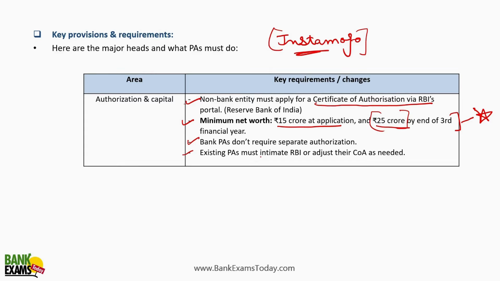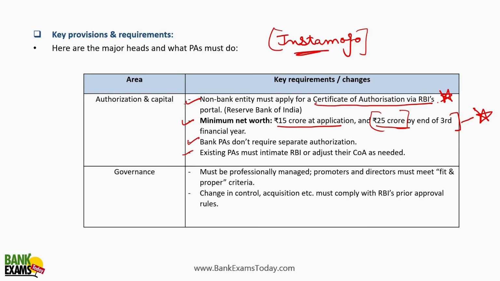Existing PAs must intimate RBI or adjust their COA, certificate of authorization, as needed. So from this whole point, you need to understand non-bank entities need to get certificate of authorization from RBI. Bank entities, bank PAs, payment aggregators, they don't need any separate certificate of authorization.